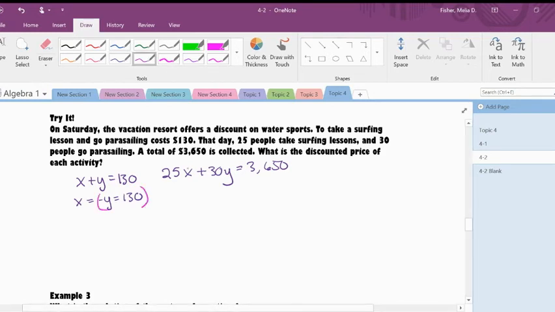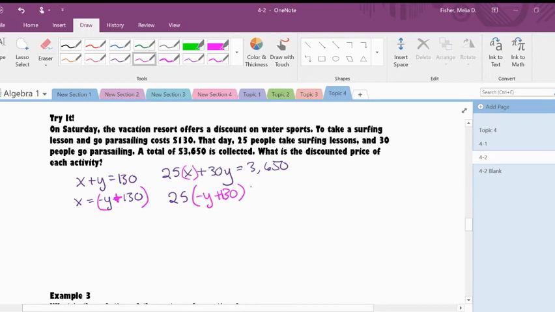Now we can substitute this term in for x. So we're going to say 25, and then we're plugging in the negative y. This should say plus 130.